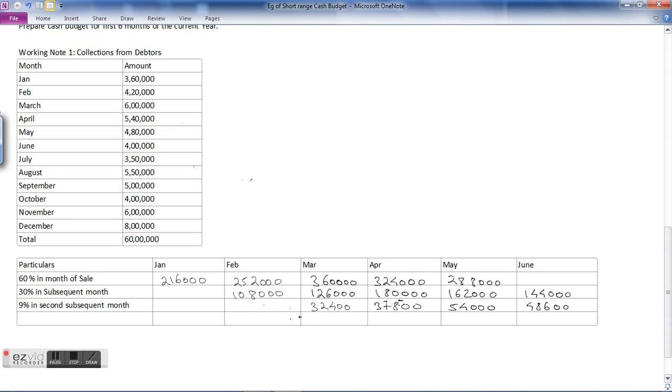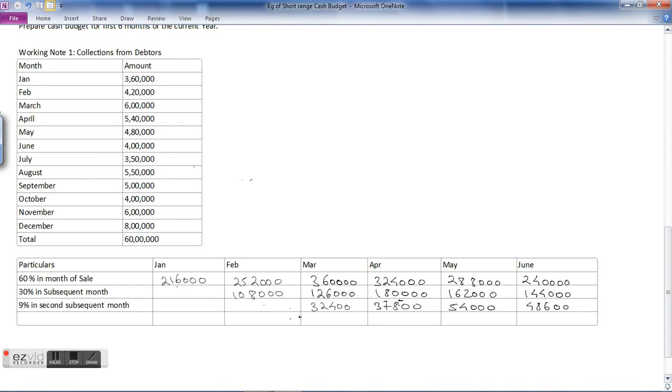But since we are making a cash statement only for 6 months cash budget, we won't do any calculations for the month of July. Now the month of June, 4 lakh. So out of 4 lakh, 60% will be collected in the month of June, and balance will be collected in the subsequent month, but we are not calculating that.